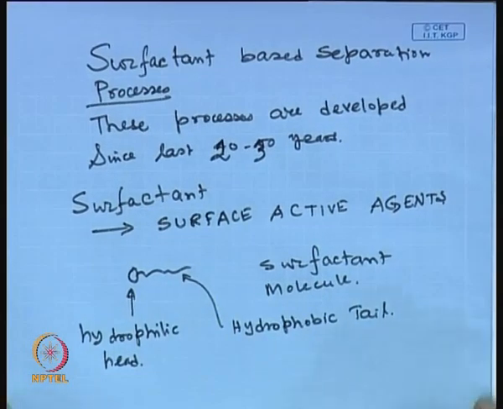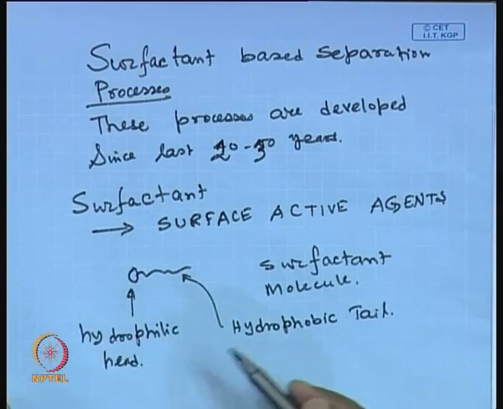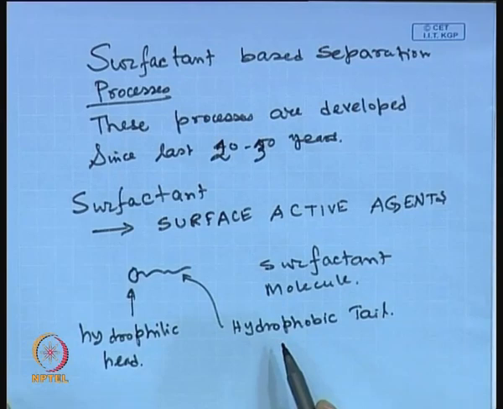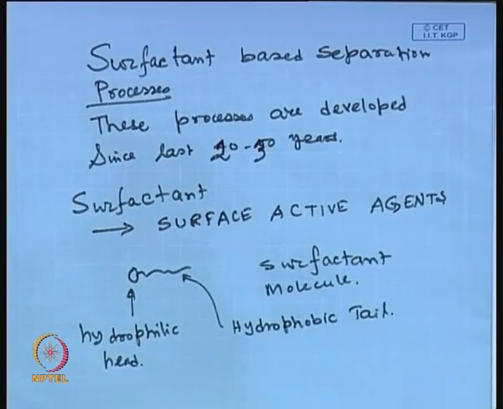The hydrophilic head likes the water environment, it is a water loving group. On the other hand, the hydrophobic tail is a water repelling group, it does not like the water environment. So, it wants a non-aqueous system, for example, organic solvents. Therefore, if some organic pollutant is present in the system, the tail group of the surfactant will love that environment of organic pollutants or the organic phase.